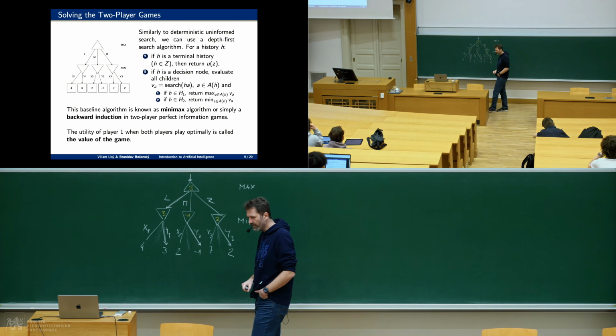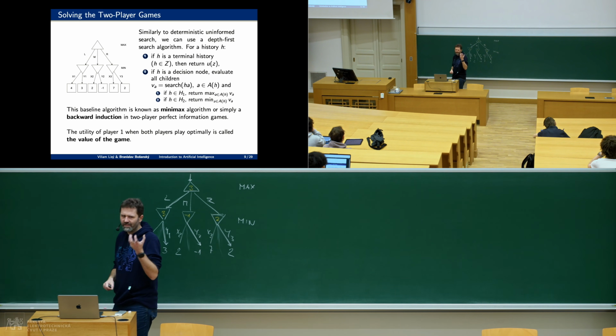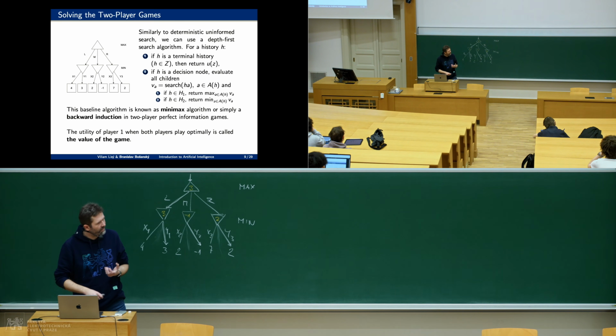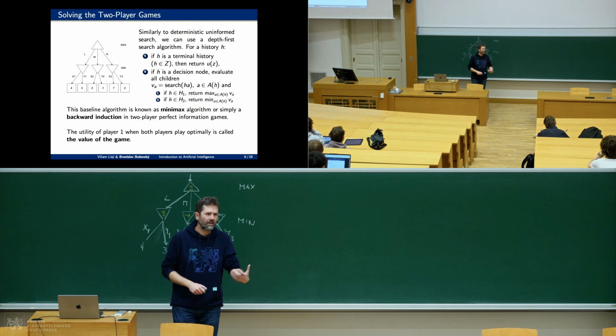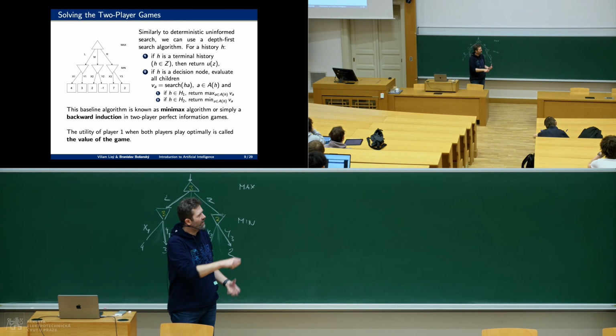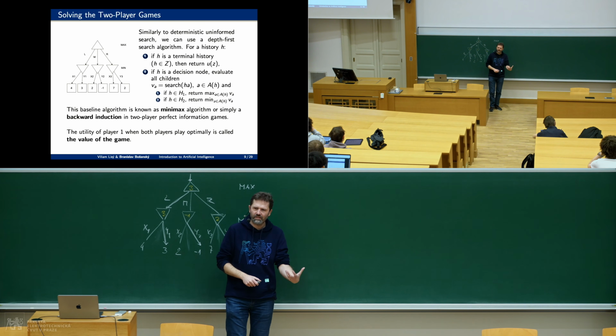This term, value of the game, is actually a terminus technicus, because it means that if we have the optimal strategy for the whole game, this is how much utility the players will get.